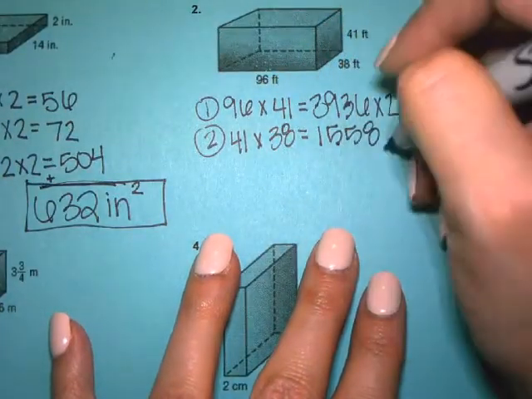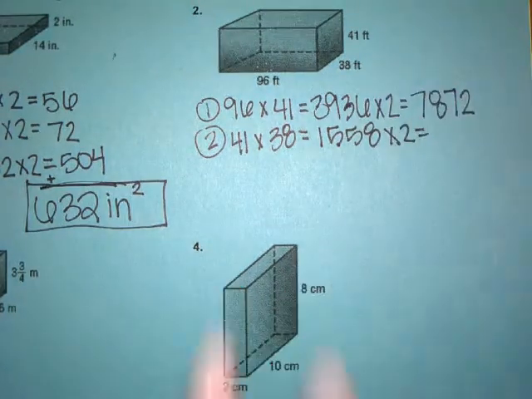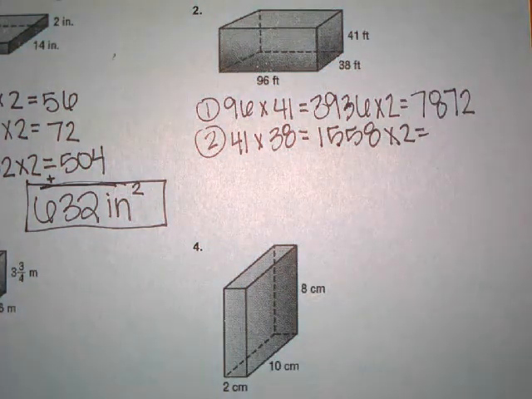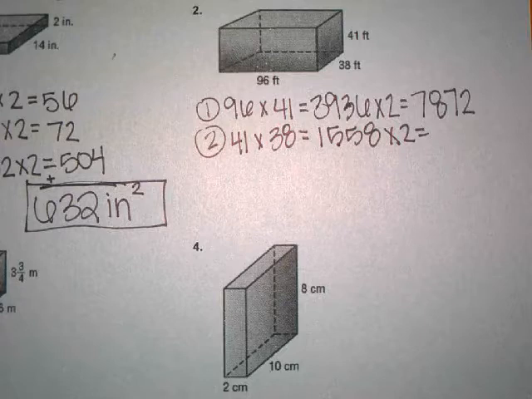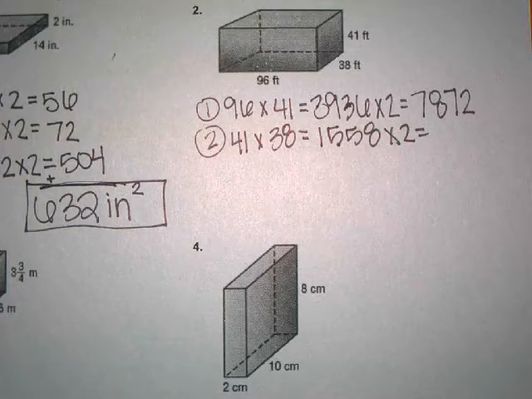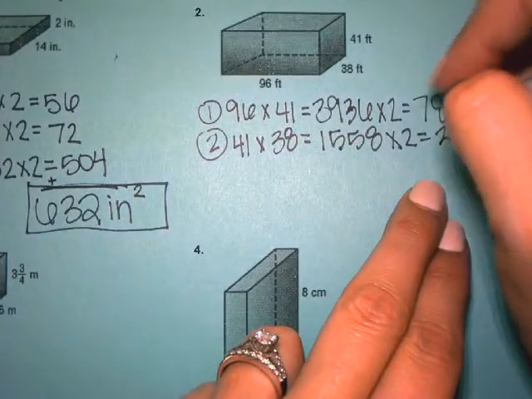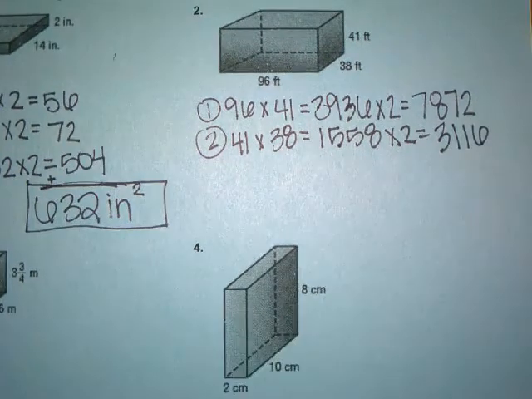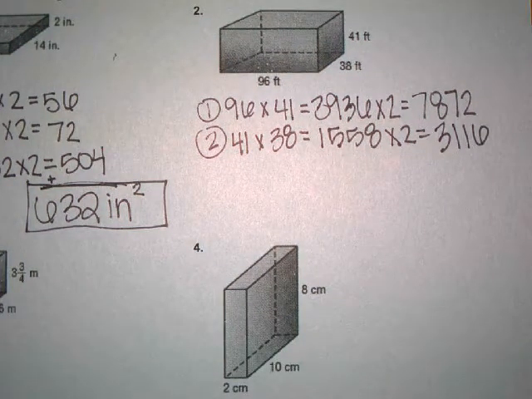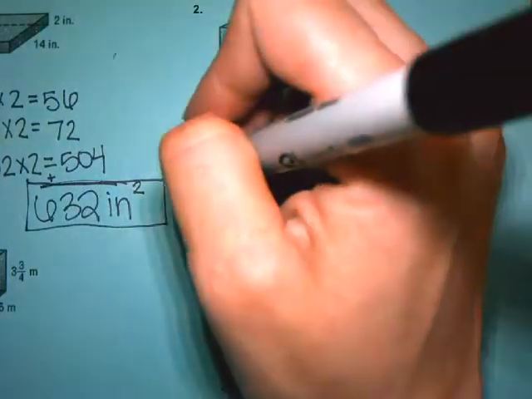What do I do now? Multiply that by 2, please. What do we get, everyone? 3,116, right? All right, what's the last one?